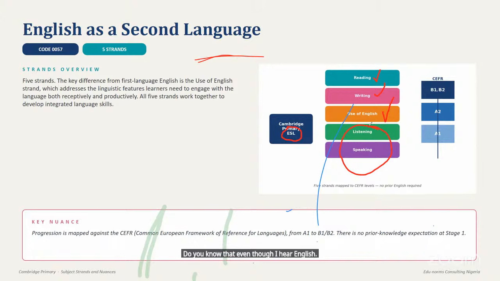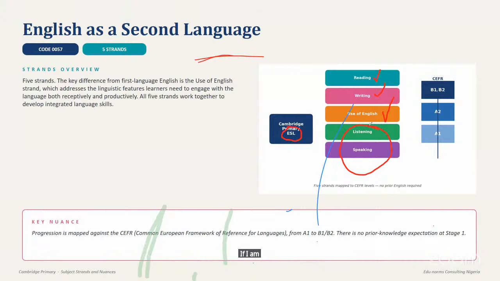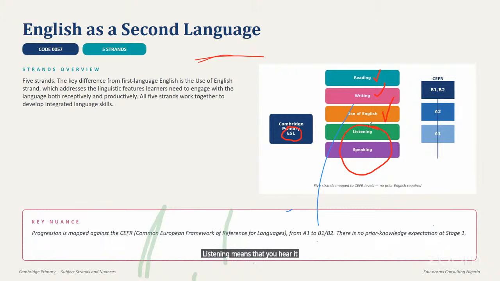Now, for the listening, I, Adedamola, do you know that even though I hear English, I don't understand, I'm not able to listen to English very well? How? If I am watching an English movie, an American movie, people of God, unless there's an English subtitle, I'm not able to decode what I hear. Listening means that you hear it, it enters your ears, and you can decode it.